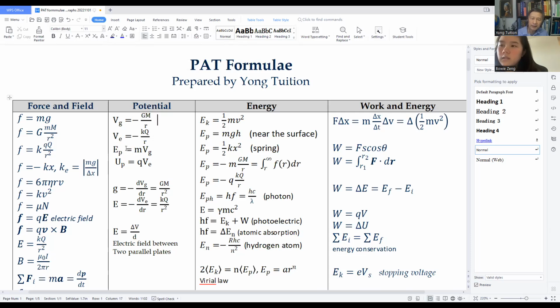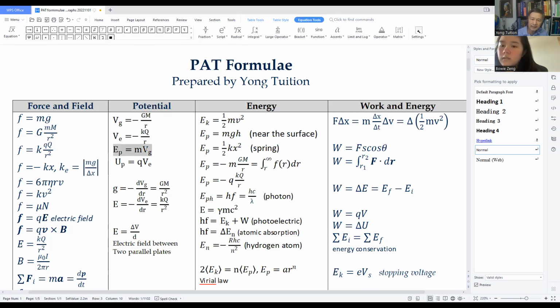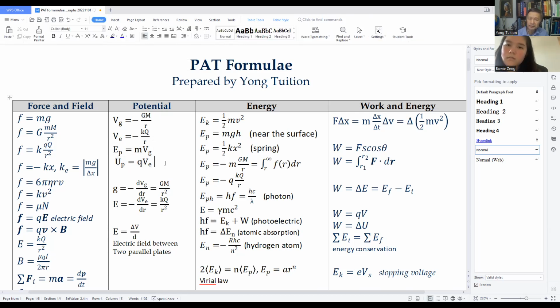The potential energy is equal to the mass multiplied by the potential, if that is a gravitational potential. If it is electrical potential, then the electrical potential energy will equal the charge multiplied by this potential. So that is the difference between potential and potential energy.